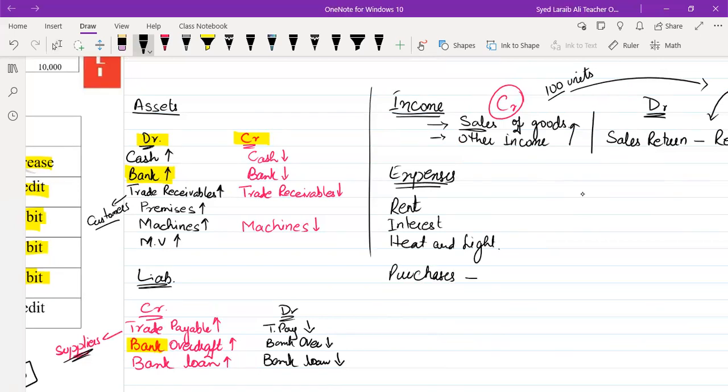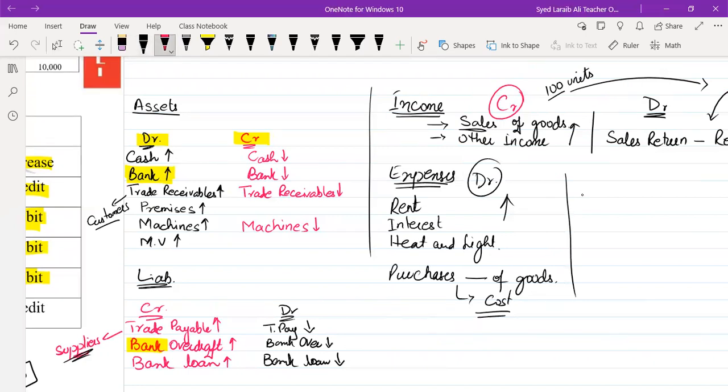Purchases is also an expense. It's purchases of goods. It increases the cost of product which the business has taken up to resale. So when all these expenses increase in the business, they are recorded on debit side.